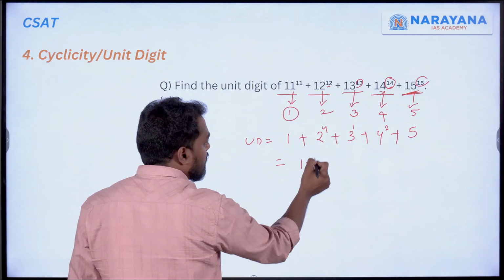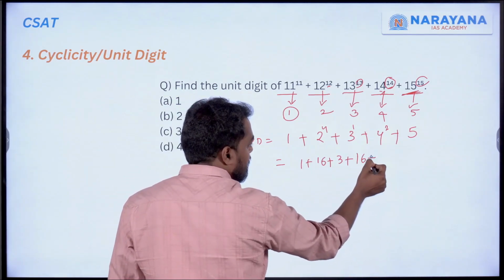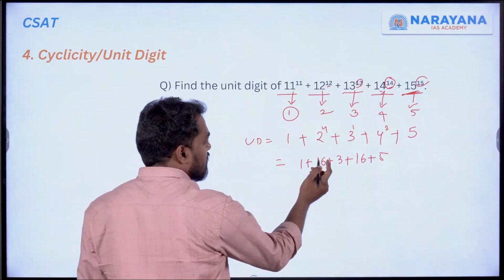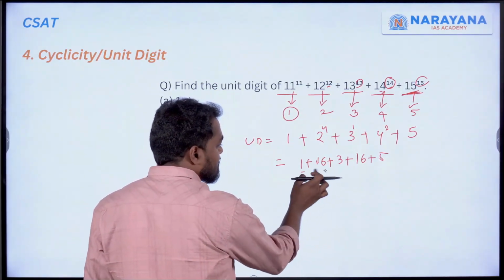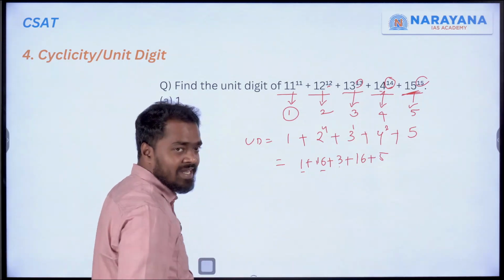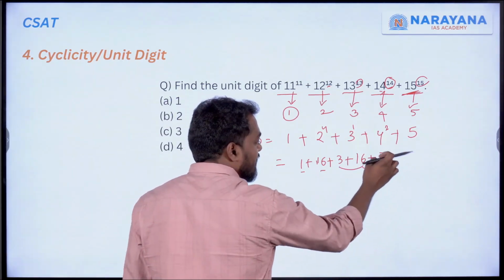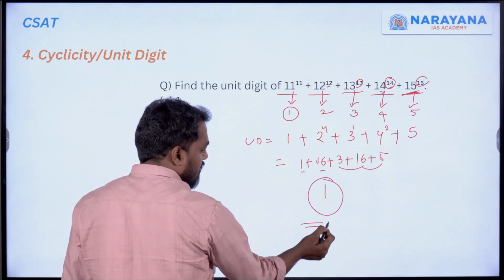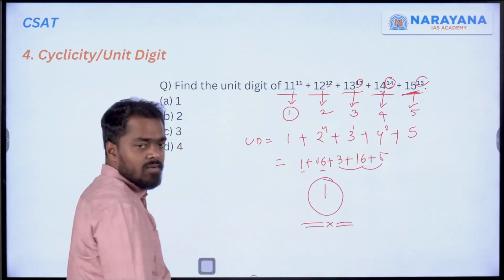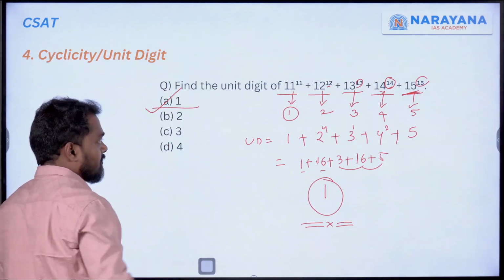If you take 1 plus 6 plus 3 plus 6 plus 5, again you have to take the sum of all the unit digits only. So 1 plus 6 is 7, 7 plus 3 is 10, so 10 means 0, 0 plus 6 is 6, 6 plus 5 is 11, 11 means the unit digit is 1. Understood? So the answer is option A.